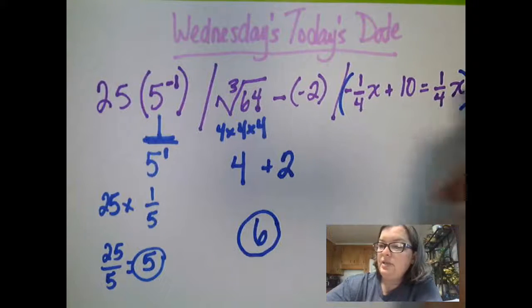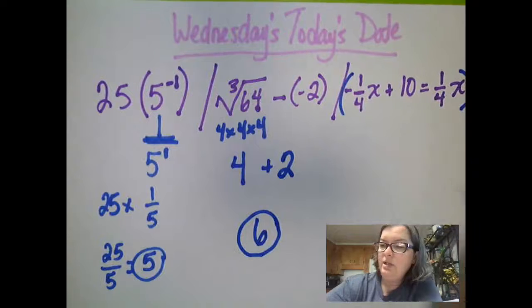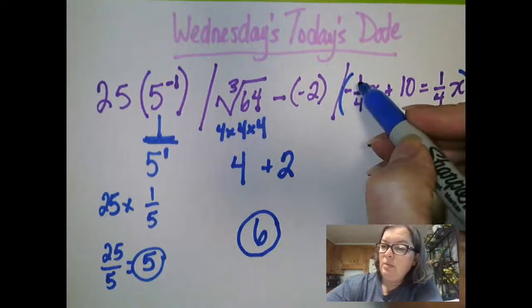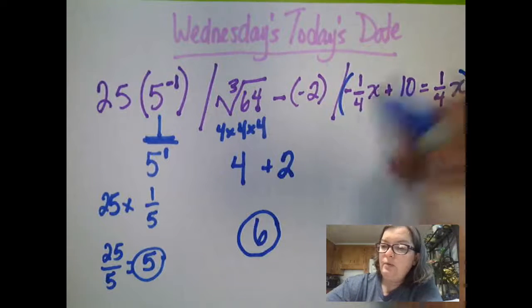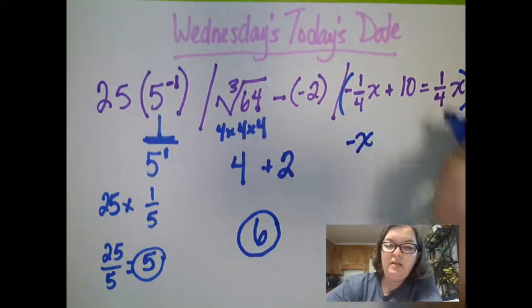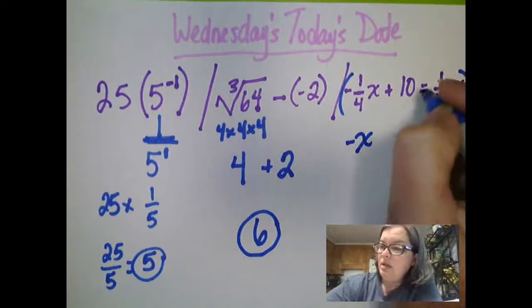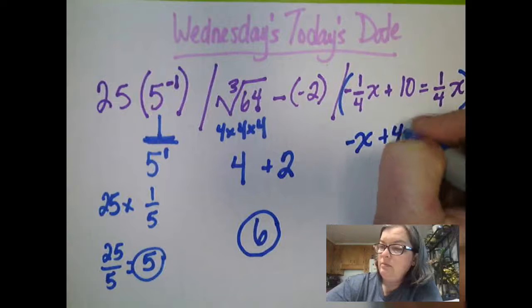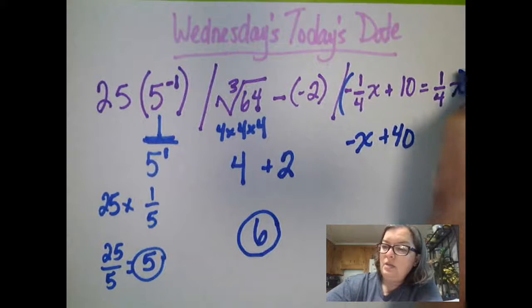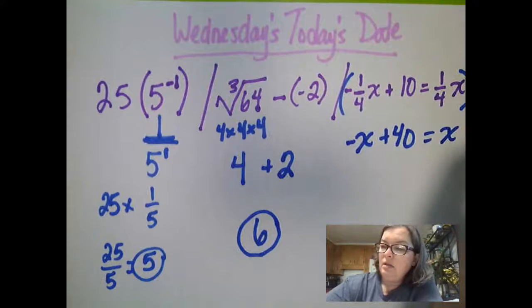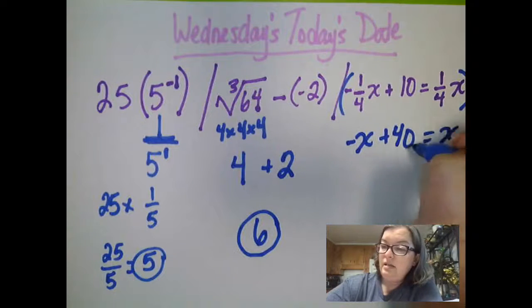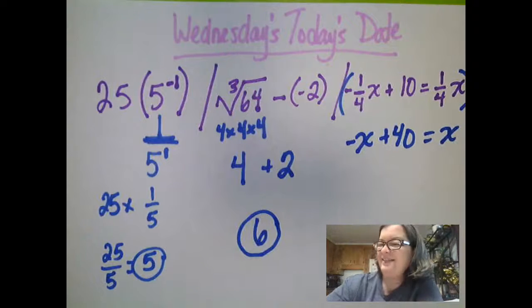These denominators are the same, so that means I'm going to multiply this whole equation by 4. When I switch the 1 and 4, 4 divided by 4 is 1, so I'm just left with negative x, or negative 1x. 10 times 4 is 40. And switching that again, 4 over 4 is 1, so I've got negative x plus 40 equals x.